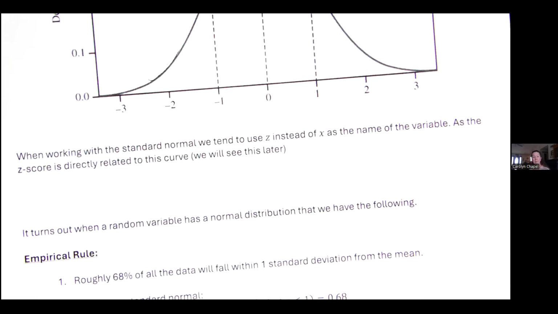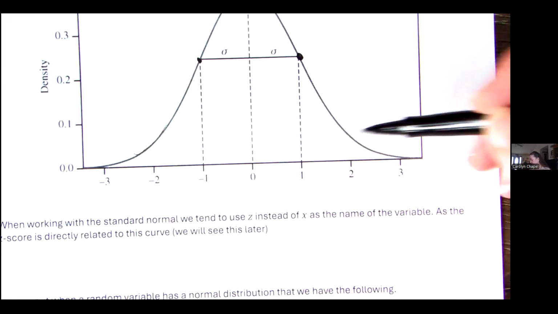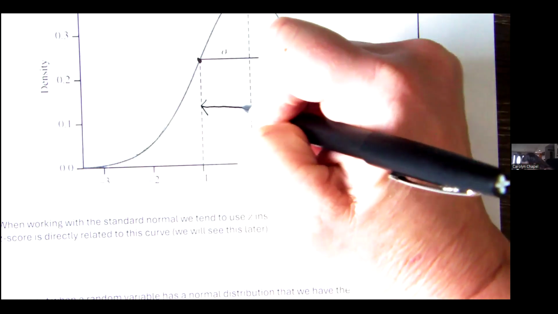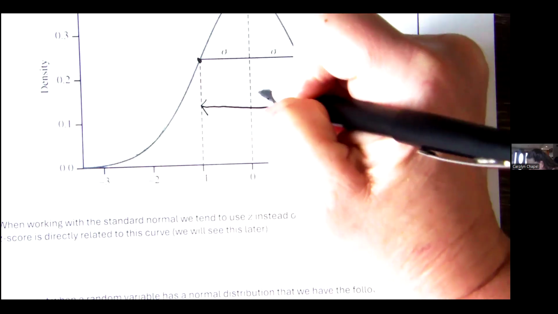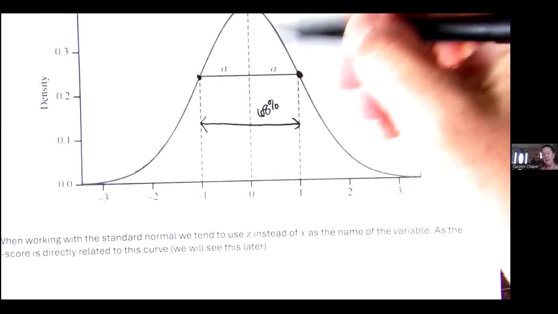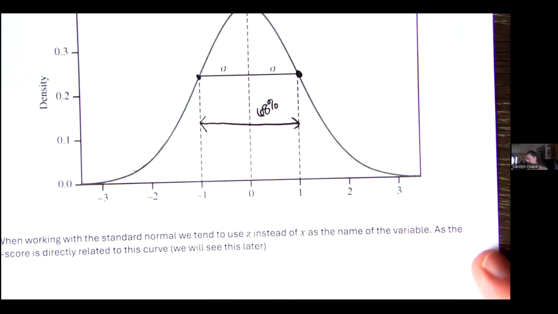In terms of my picture, that means if I had all my people or all my things sitting under this curve, we would have 68% under this curve right there. So 68% of our data is there. That's more than half. So that's a lot of our data.